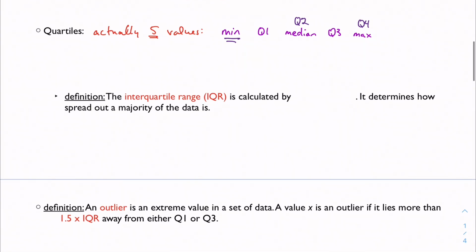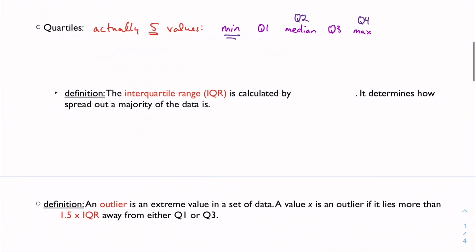One thing I also want to talk about with quartiles is we can use the quartiles to calculate outliers. With quartiles, we have this interquartile range, IQR, and that's calculated by taking Q3 minus Q1. So here is my IQR. And it tells me how spread out most of the data is. Right? Most of the data is going to fall between Q1 and Q3, with some of it sticking out on the edge.